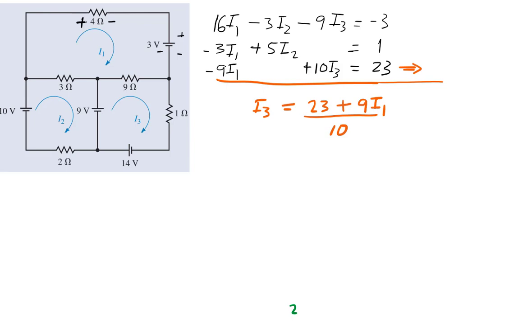So here it is, and divide by 10, we get this is I3. All right. Now from this equation here, we see that I2 equals 1 plus 3I1.